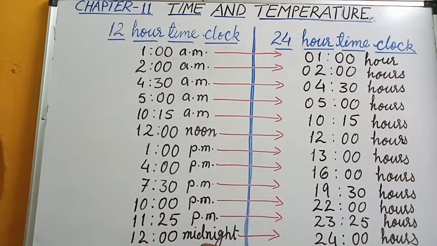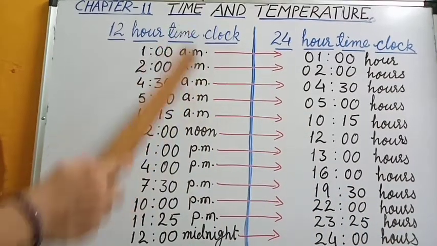Now 12 midnight. 12 midnight means after 23 what comes? 24. So 12 midnight can be written as 24 hours. It can be written as 00 hours also, because after 24 again we move from 1 hour. So we can write 2400 hours, or we can write 0000 hours.